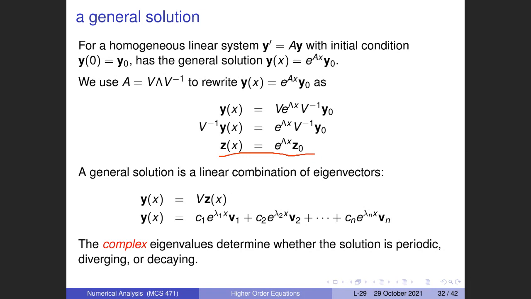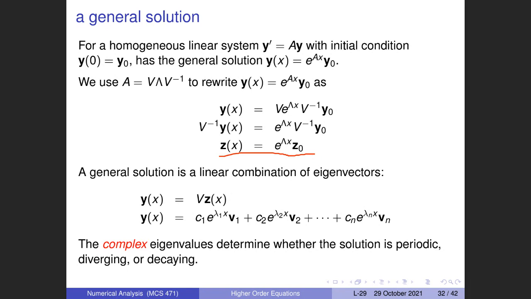And if we look at this, we are seeing that we take exponentials, and the exponentials can be growing, they can be decaying, or they can be periodic. So the periodic nature occurs when we have complex eigenvalues. A complex number has a real part.